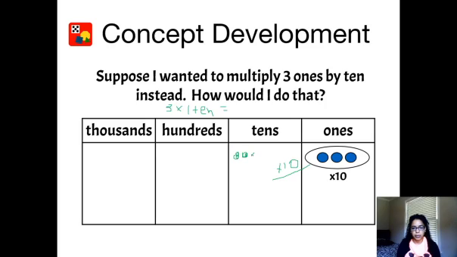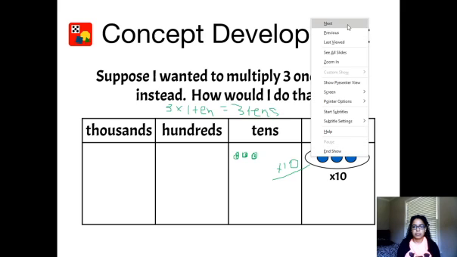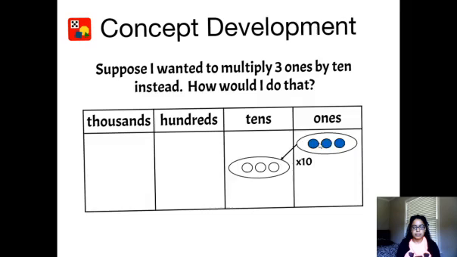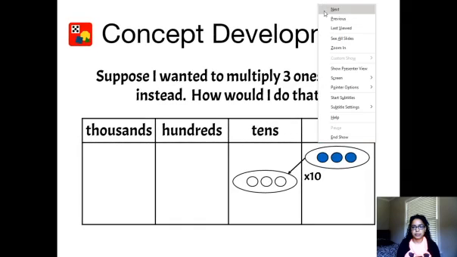So now my new number would be 3 tens, which is 30, right? And the way I know it's 30, I could just count by tens. So 10, 20, 30. Alright, and we're good.